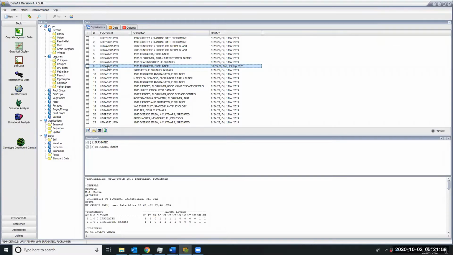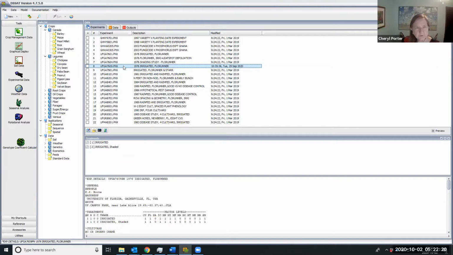And you created observation files, file A and file T, for this experiment.